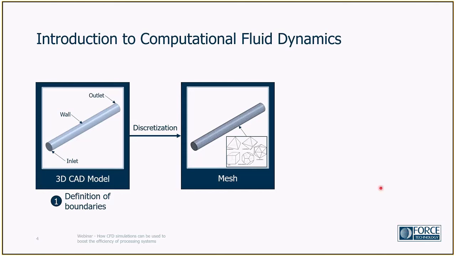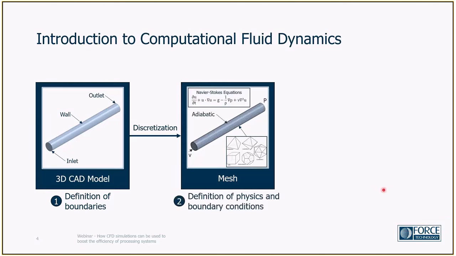Then once we have a mesh, we define the physics, and the physics are the equations. For instance, the equations describing the fluid motion, and this is what we call the Navier-Stokes equations. And then we can also introduce any other relevant physics that we might be interested in, such as two-phase flow or phase change or radiation and so on.